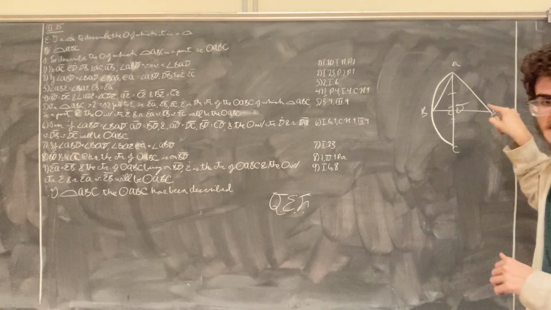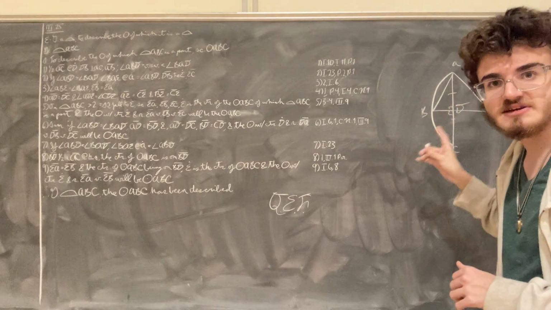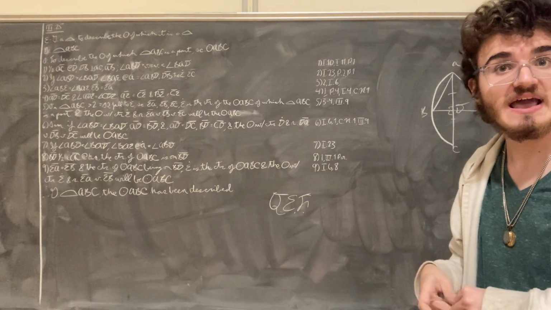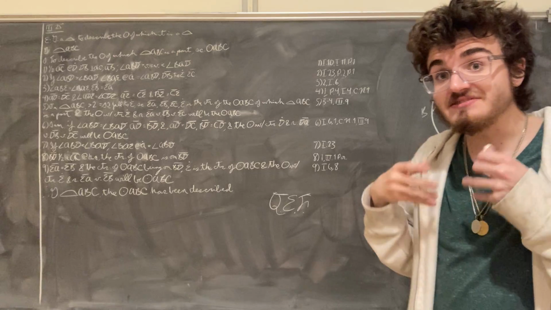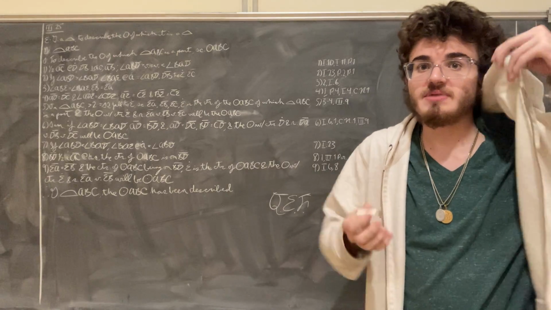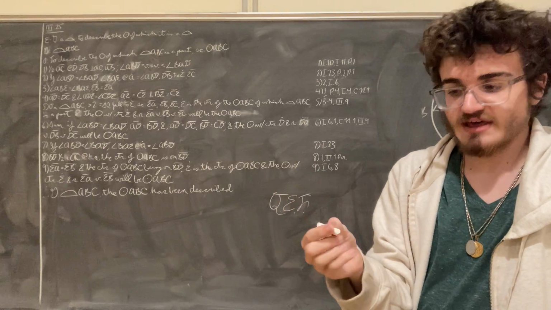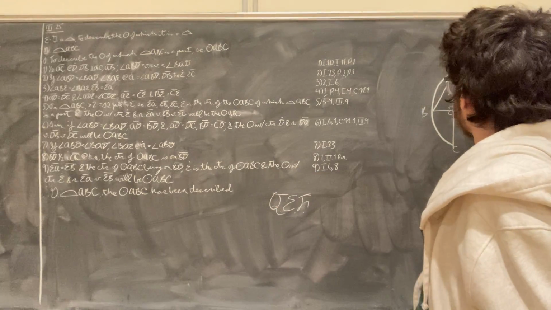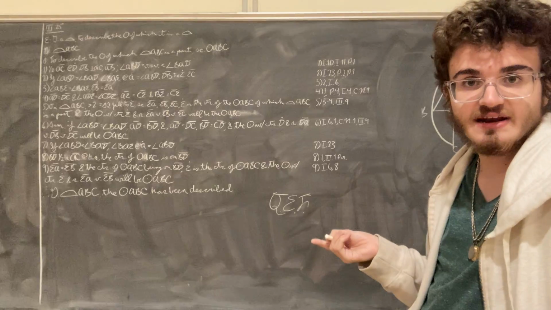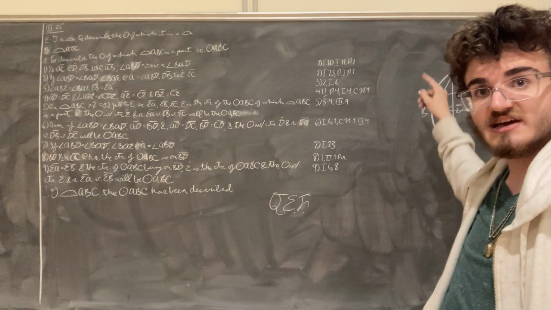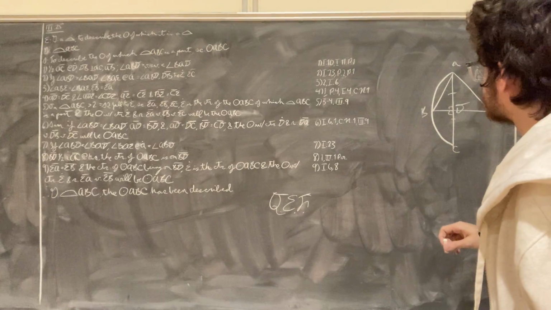If this angle ABD is greater than the angle BAD, then the center of the segment will fall outside the segment. And if it falls outside, we know it must be less than a semicircle, because if it were a semicircle, then the center would fall on the straight line containing the segment. But falling outside of the segment, we know that this segment here must be less than a semicircle.